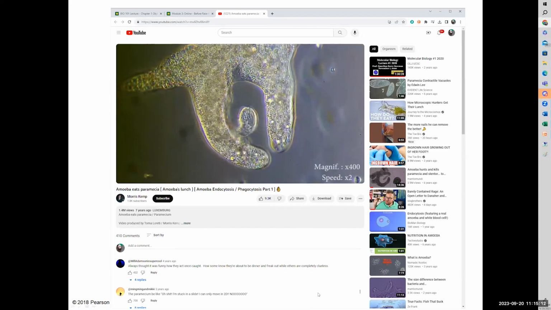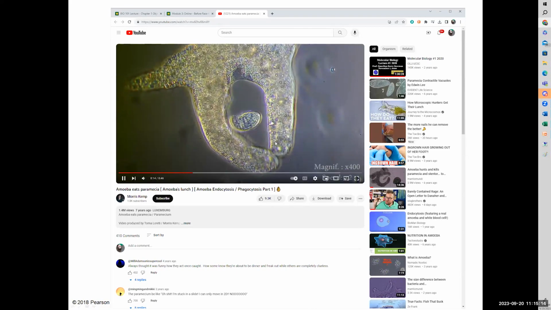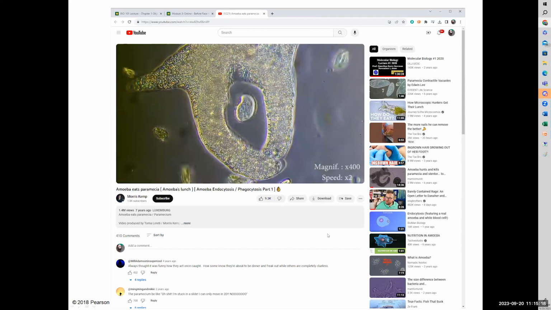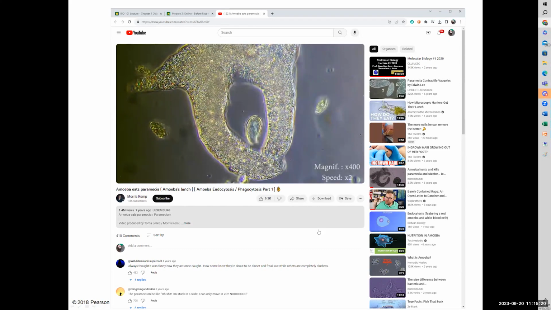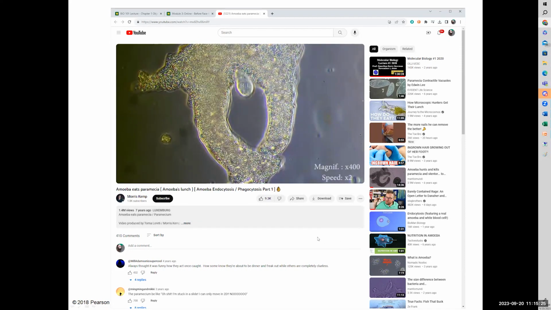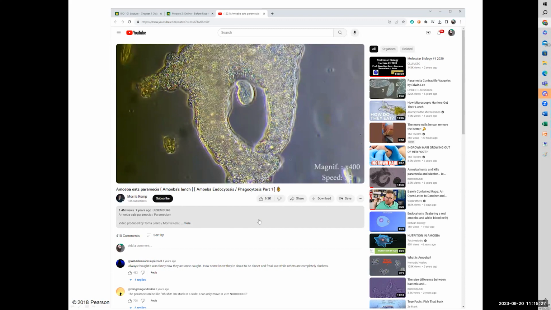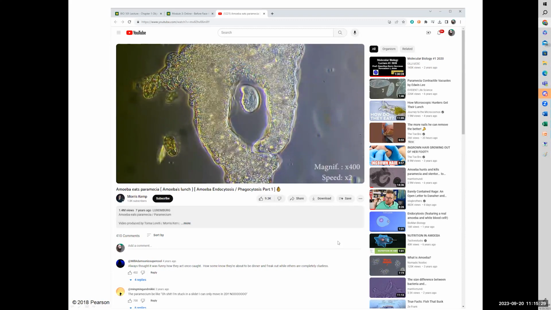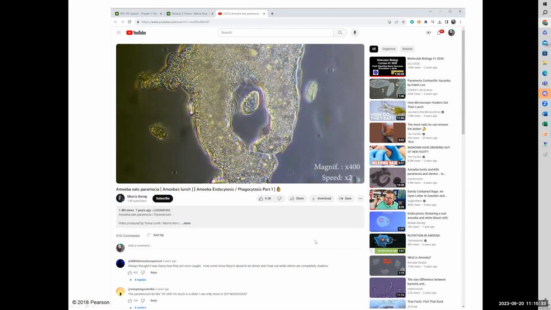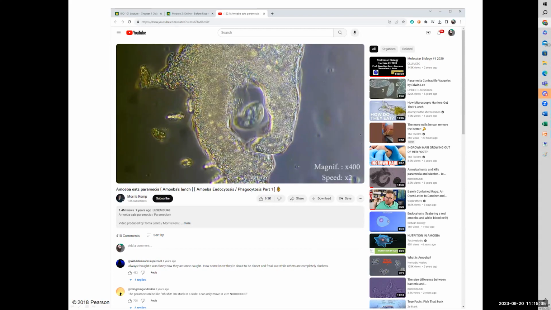Once the paramecium is inside, the membranes on either side will close, pinch off, and place the paramecium in a food vacuole. Then the paramecium will be digested using lysosomes. So this is an example of endocytosis, a way for cells to bring very large objects, including whole other cells, into themselves.